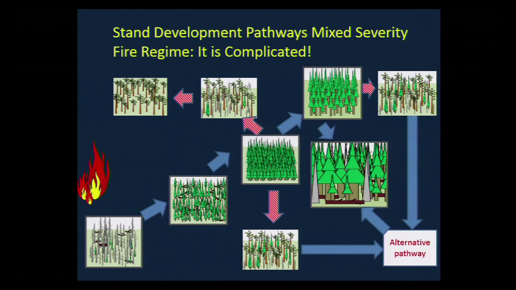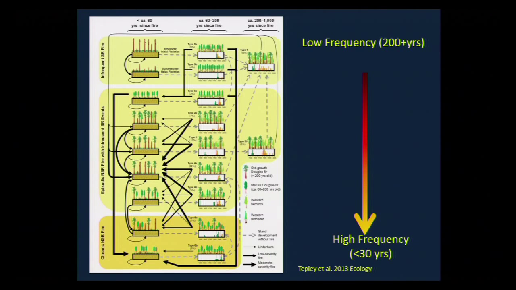And those pathways can either hasten or delay some of the components of old growth in terms of live trees, diameter diversity. But one thing we do know they do is they certainly supply a pulse of snags and down wood to the system. So if you thought that that little cartoon was complicated, you can take a look at this one if you want.